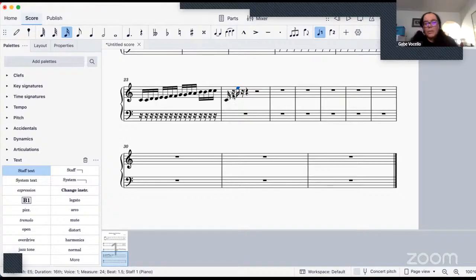That's the 16th rest, 16th rest, quarter rest, half rest, half rest, quarter rest, 16th rest. Let me add here. 16th note, 16th rest, eighth rest, quarter rest, whole rest.